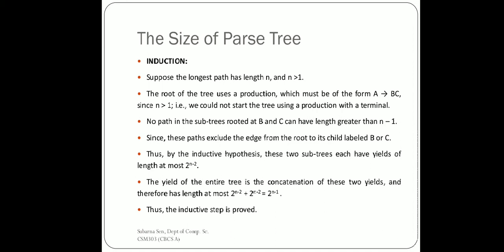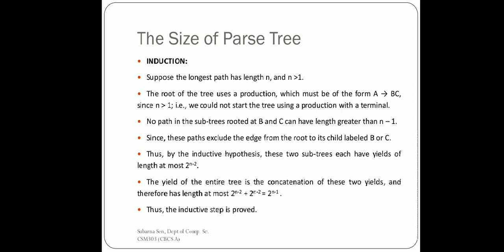So we know that if we concatenate these two, it will become 2 to the power n minus 2. Why 1 lesser? Because we are already incorporating one path from the root itself, right? So here it will be 1 lesser.